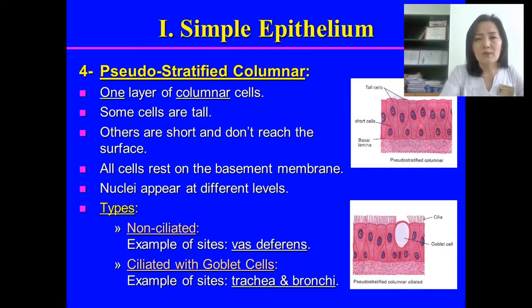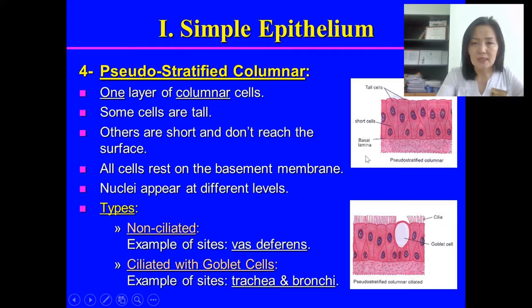Okay, one type of simple epithelium. This is a pseudostratified columnar epithelium. Why pseudostratified? This type of simple epithelium consists of cells which have different shapes and different sizes. Some cells are tall, some cells are short and don't reach the surface.